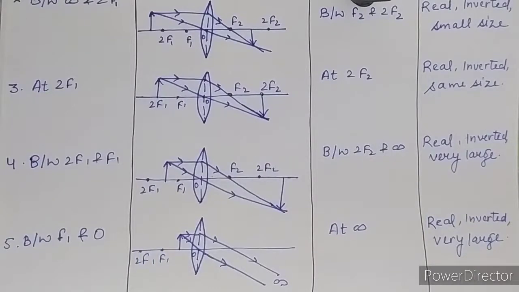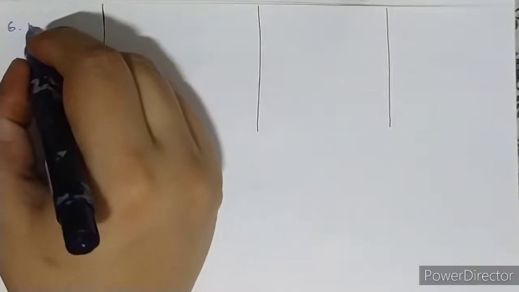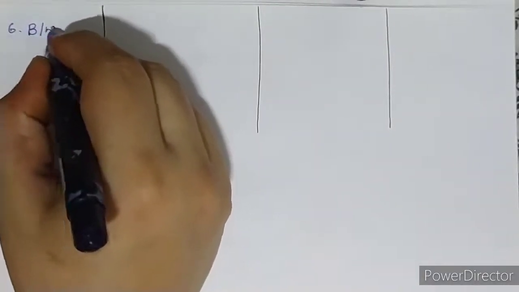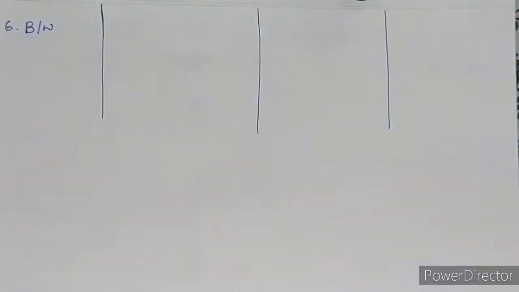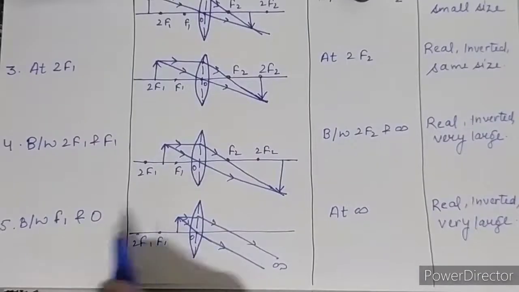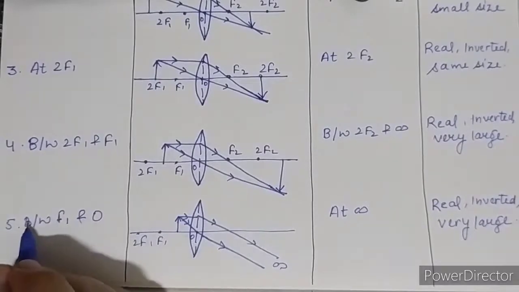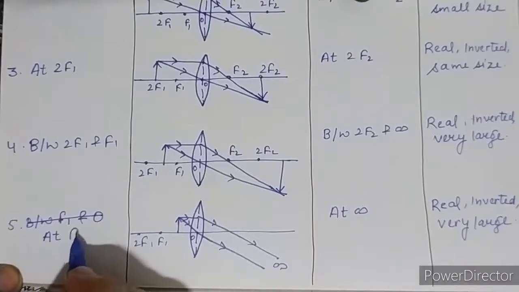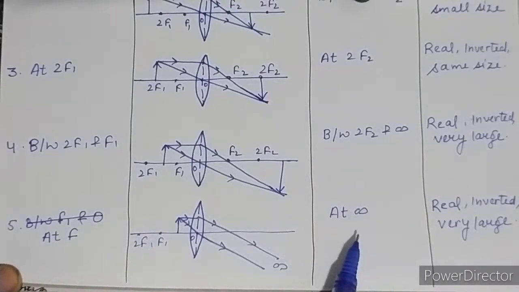So now we are moving toward the sixth condition of the image formation by a convex lens. This one condition is when the object is present at the focus. When the object is at focus, then the image is formed at infinite.